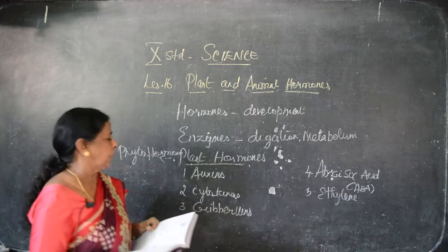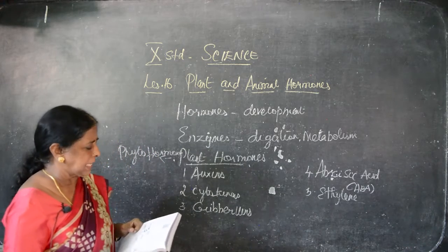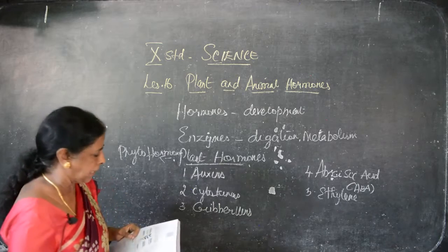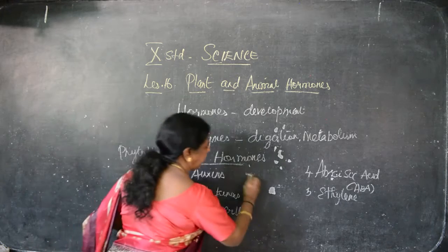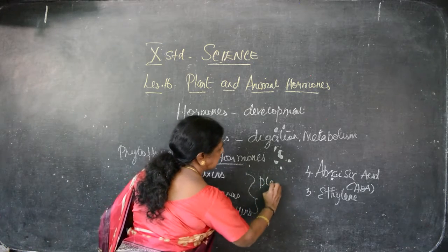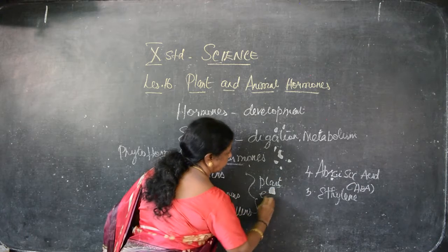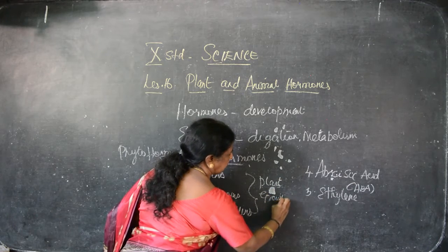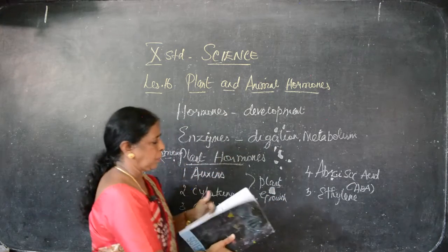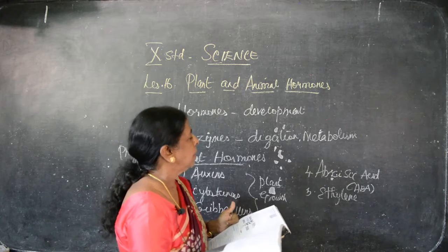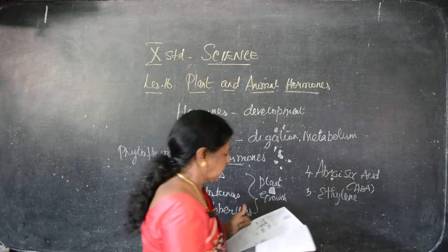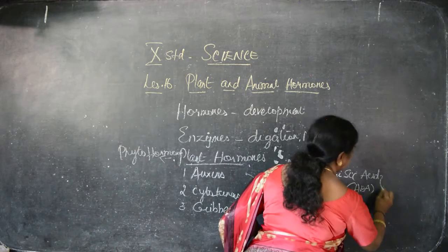Though there are 5 hormones, auxins, cytokinins and gibberellins promote plant growth. These hormones help the plant to grow. The other two hormones, abscisic acid and ethylene, inhibit plant growth.